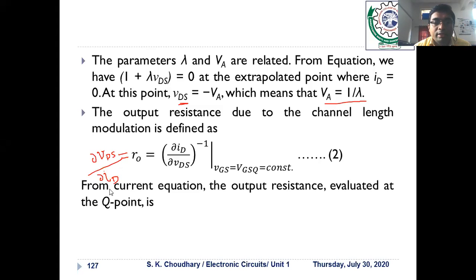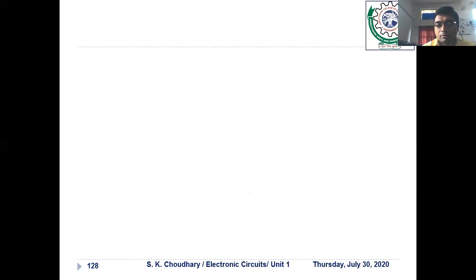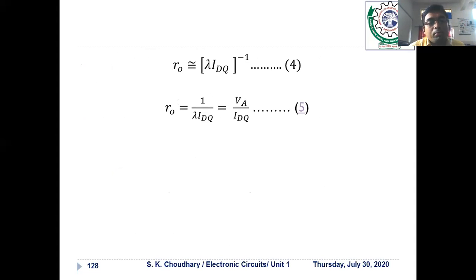Now, from the current equation, what is the output resistance at the Q point? Take the differentiation of ID of equation number 1. It becomes lambda Kn (VGS minus VTN) whole square, to the power minus 1. That means R0 is equal to 1 upon lambda Kn (VGSQ minus VTN) whole square, that is, lambda IDQ to the power minus 1, or R0 is equal to 1 upon lambda IDQ.